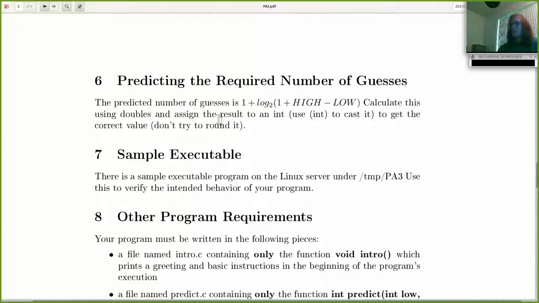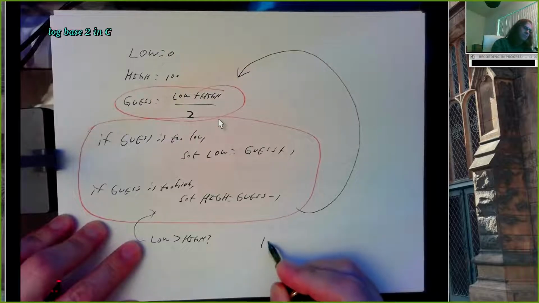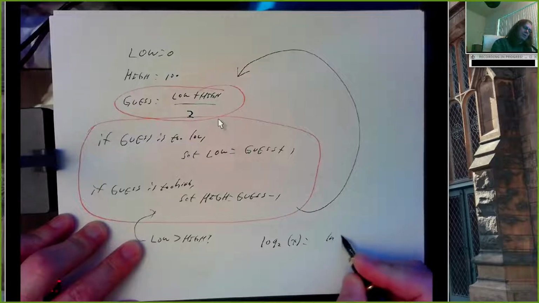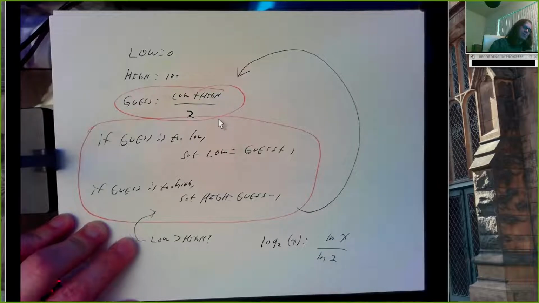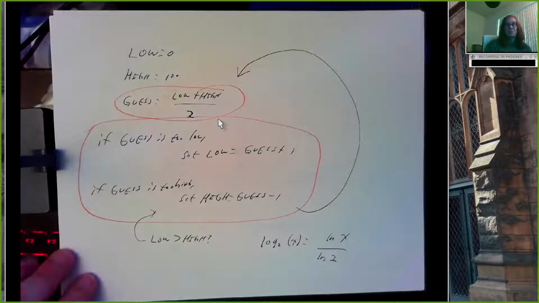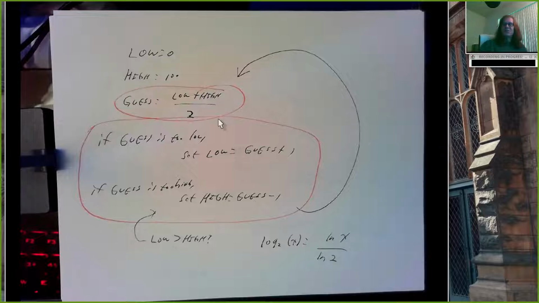And if you want to do log base 2, log base 2 of x equals the natural log of x divided by the natural log of 2. So the built-in math library doesn't have log base 2, I don't believe. But just take the natural log of x divided by the natural log of 2, that gives you the log base 2. And that works for any base, by the way.